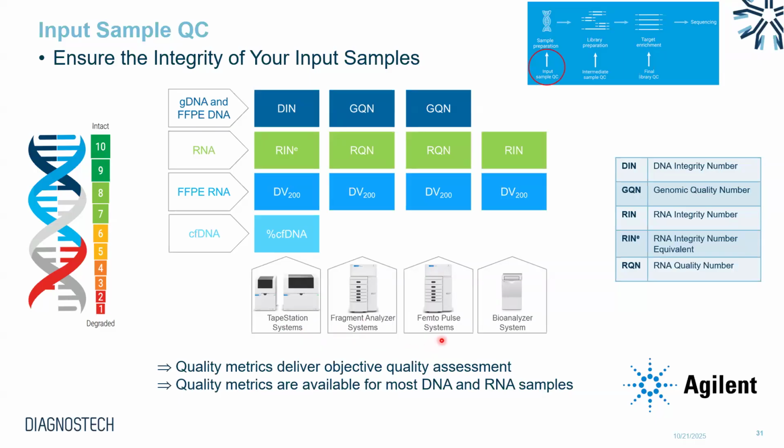And then we have a FemtoPulse system, which I will briefly touch on, but this is applicable for QC of long read data. And then lastly, we have a Bioanalyzer system. This has been discontinued, but will be supported until 2030. So, as I mentioned, your input sample QC is one of the most important QC checkpoints, as you can already exclude samples from a workflow before spending time and money only to have a sample fail.